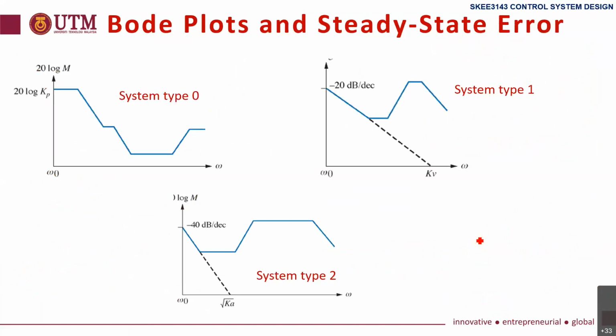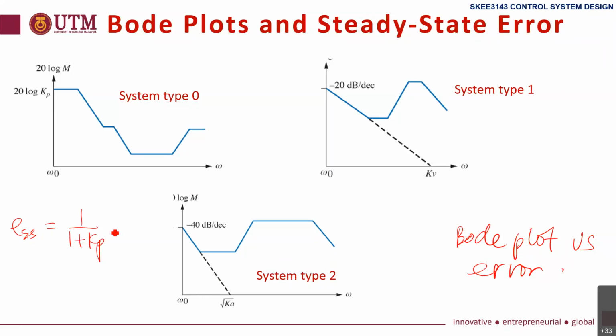Okay, let's move. We have just now covered damping ratio and overshoot, then speed. Now error. The relationship between Bode plot and error. Remember that error is 1 over 1 plus Kp.